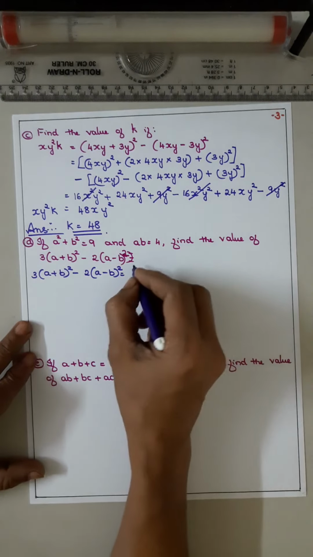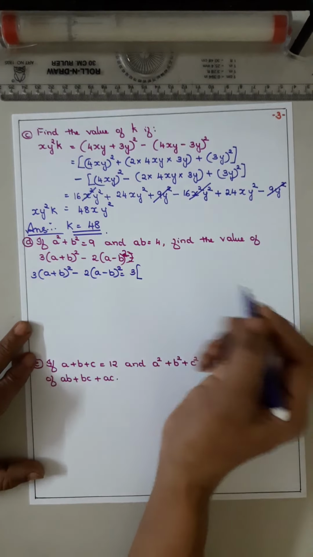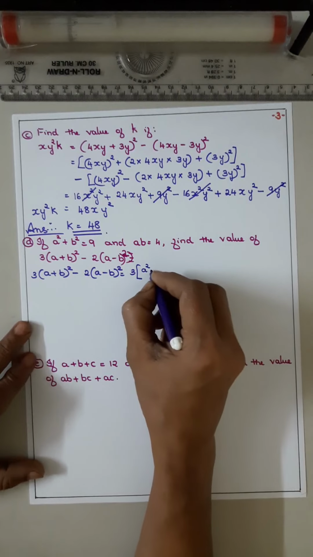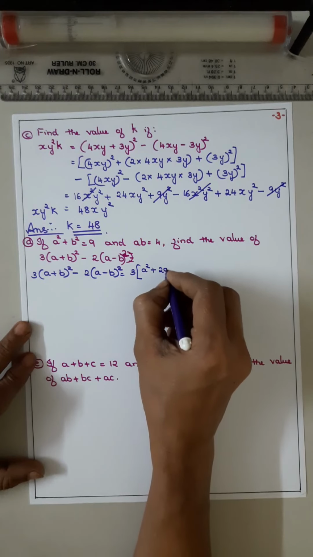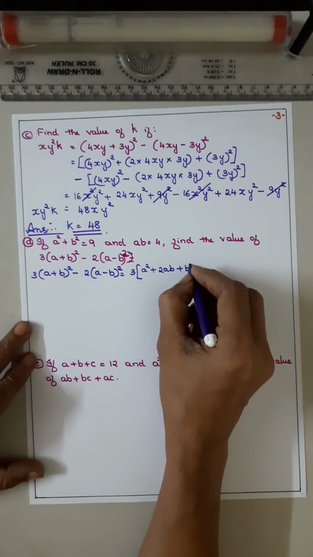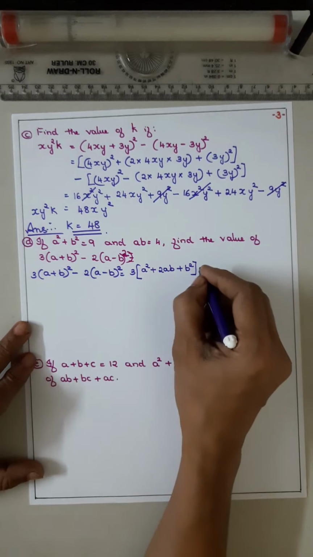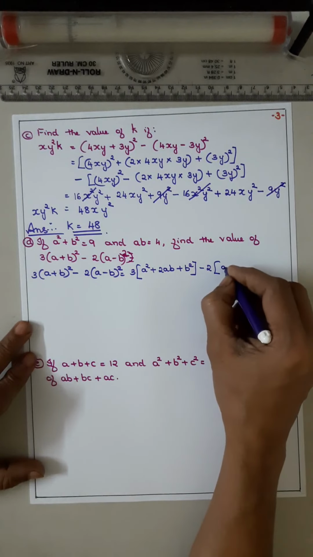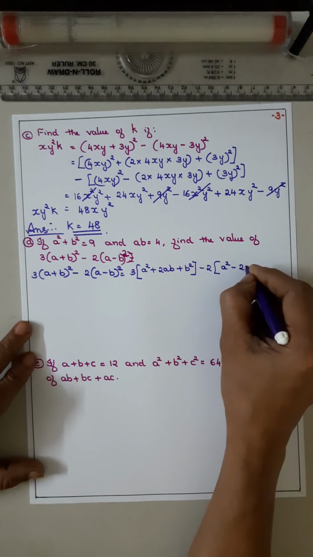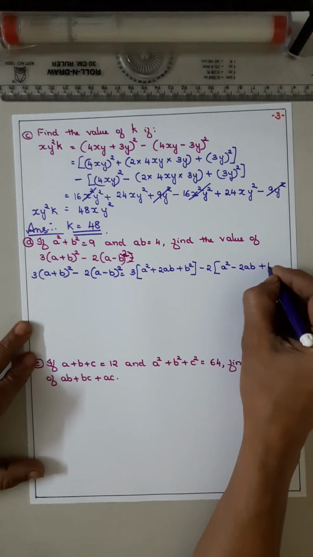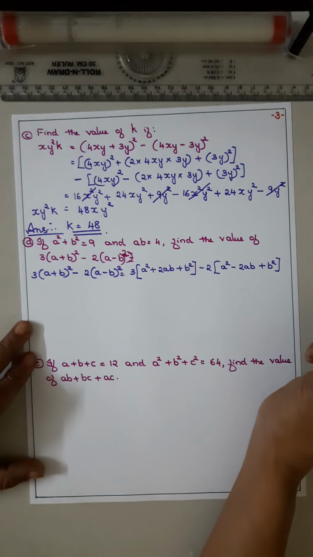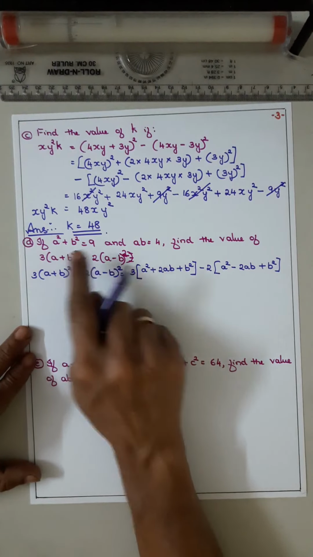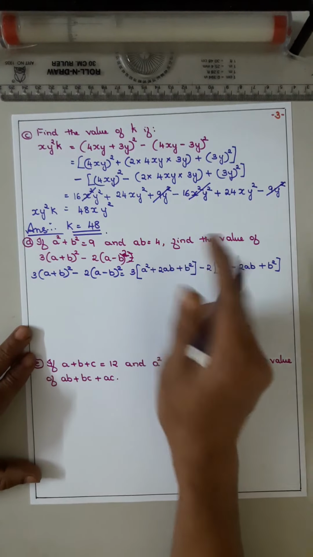Okay, now open it. 3 bracket open, a plus b the whole squared, that is a squared plus 2ab plus b squared, minus 2 bracket open, a minus b the whole squared, a squared minus 2ab plus b squared. Okay, now a squared plus b squared is given, ab is given.